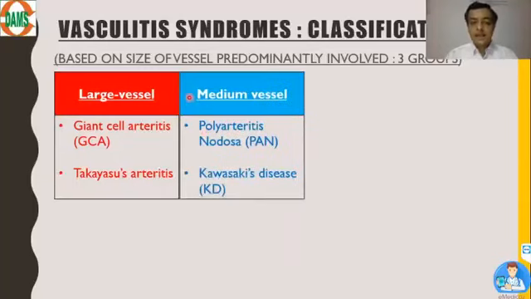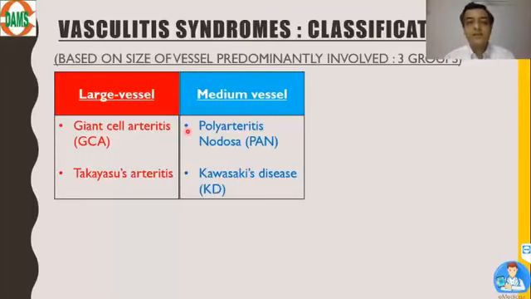Under the heading medium vessel vasculitis, we are going to study one syndrome, polyarteritis nodosa. Even though I have written down two, why am I saying we are going to study one?